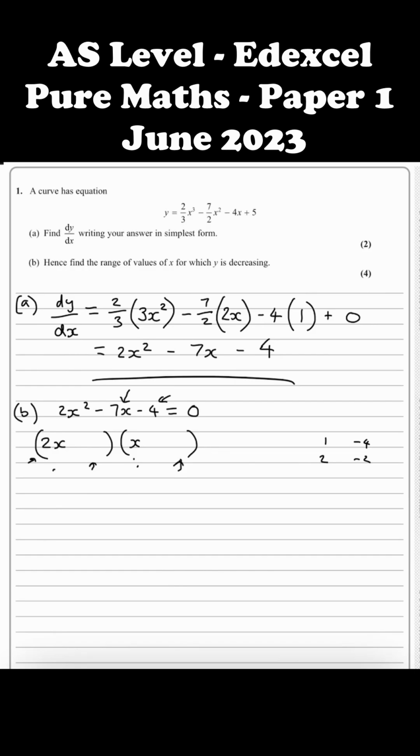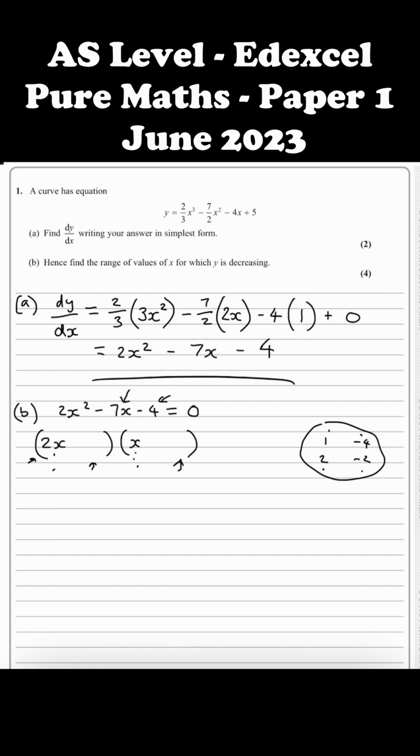Now, going back to these over here, I can see that we're going to end up with minus 4 and 1. Because if you try minus 2 times 2x, you're just going to get minus 4x, and then 2 times the x is going to give you 2x. You're not going to end up at 7. So we need a mixture of an odd and an even number.